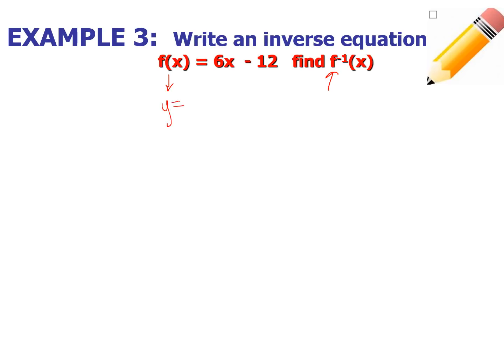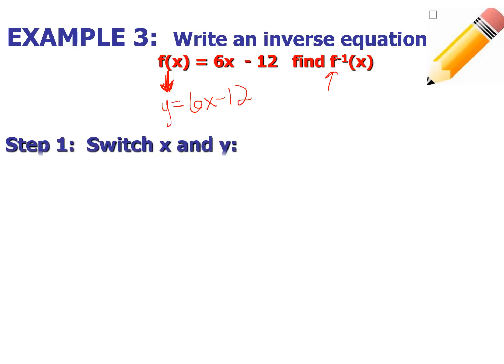So we can rewrite our function as y is equal to 6x minus 12. Same function. This is what we started with. I'm just replacing f of x with y because I told you that we need to switch the x and the y. So now we're just going to simply switch the x and the y because that's my first step.